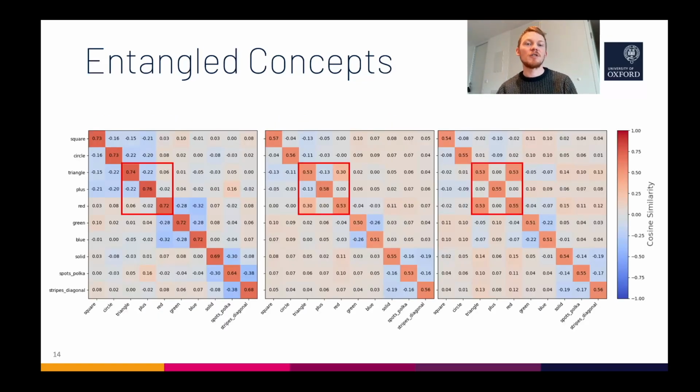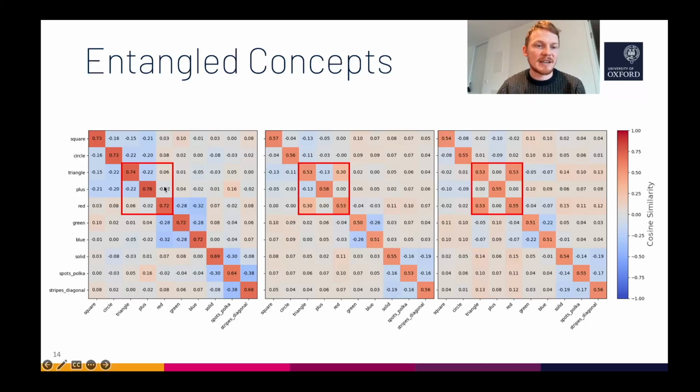This is what we obtained for those 3 different datasets, moving from left to right, showing the similarities between all the different concepts in the simple version of the elements dataset. I'm going to bring your attention to the red box I've highlighted here, because this shows the triangle and the red concepts.